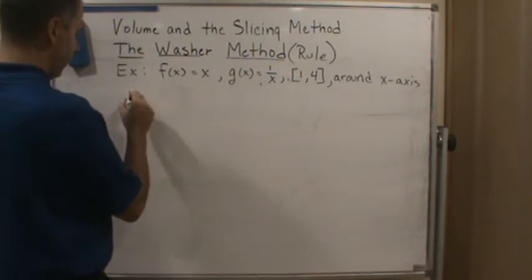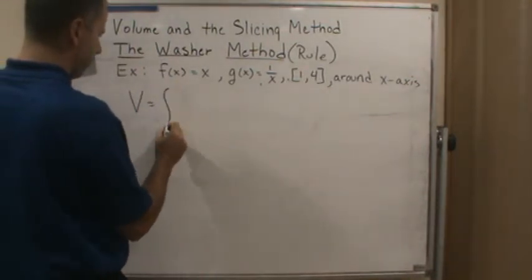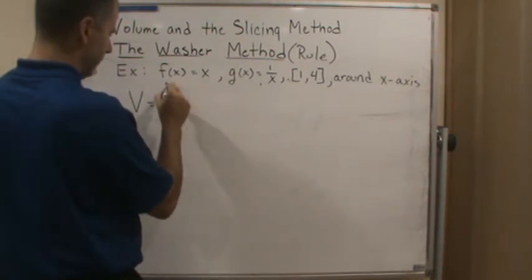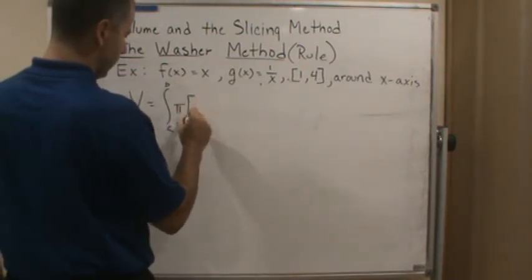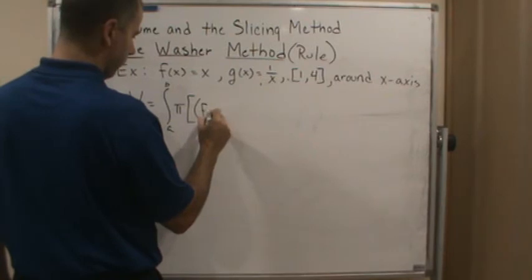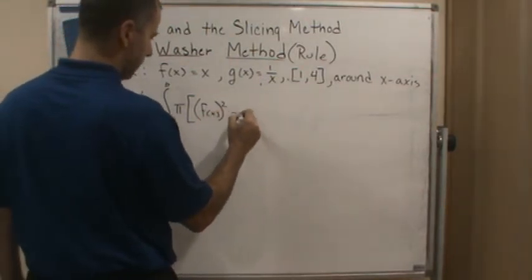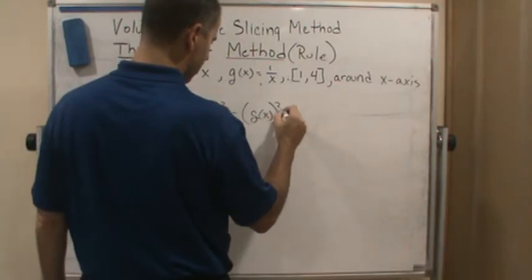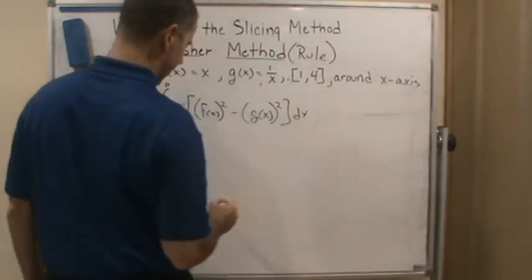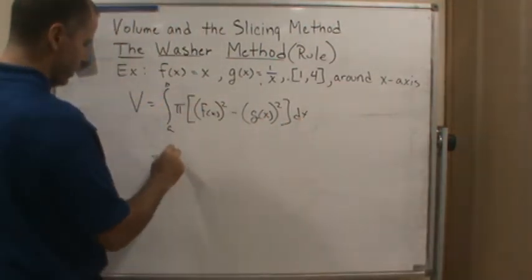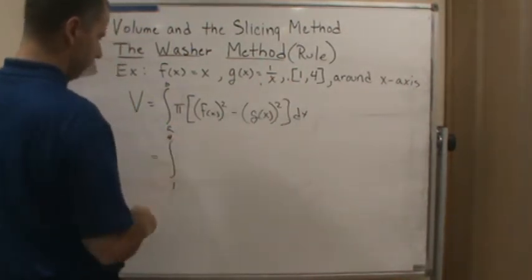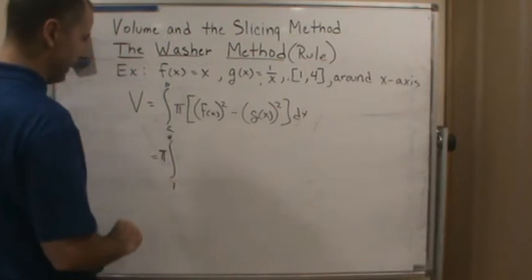Okay, so here we go. We're going to do the volume, so we know the formula. We're going to use the washer method. So we're going to go from a to b, pi times f of x squared minus g of x squared dx. And now let's fill in what we know. It's 1 to 4. I'm going to pull the pi out.